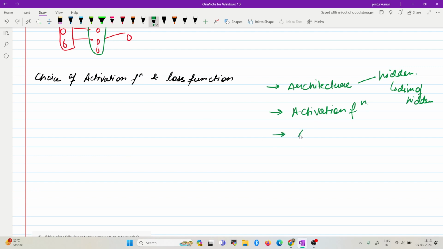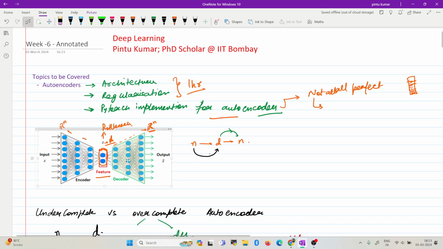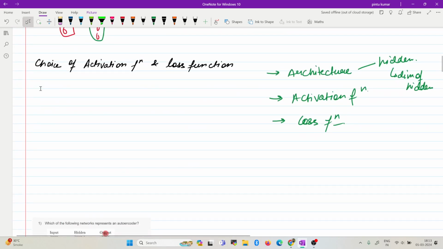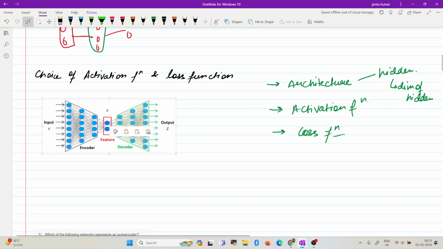So the third thing that you need to decide is the loss function that you want to choose. In general, when you have autoencoders, what you want is, let's say X is your input, with X1, X2, and this is your output, X hat 1, X hat 2.